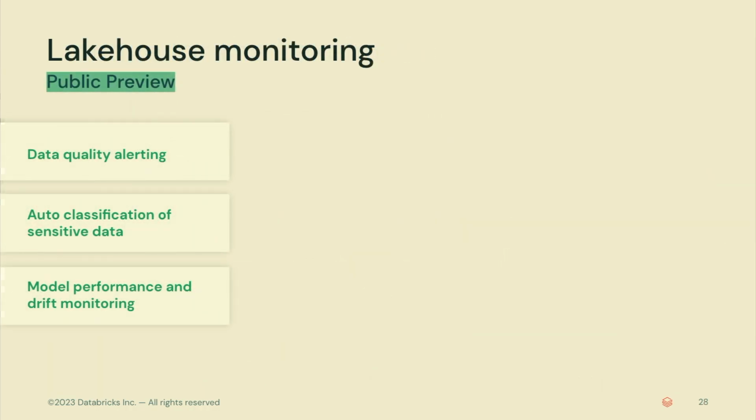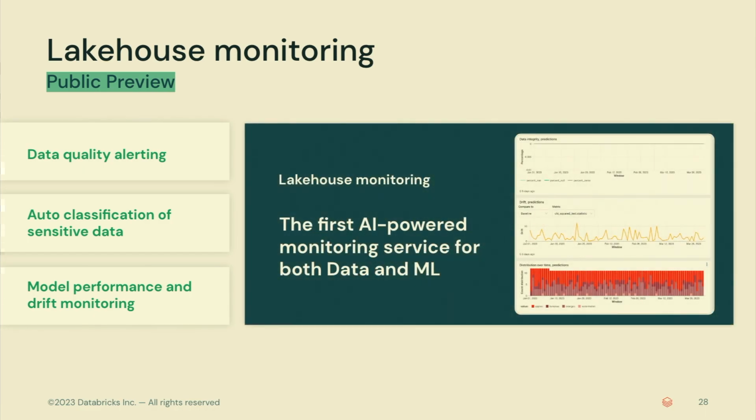OK, I'm going to give a demo of Lineage in a moment. But before I do that, I wanted to touch upon one more thing, which is Lakehouse monitoring. So if Lineage gives us a way to describe the relationships between entities in the Lakehouse, Lakehouse monitoring gives us the ability to really describe each entity in a lot of detail. So we're really excited about this.